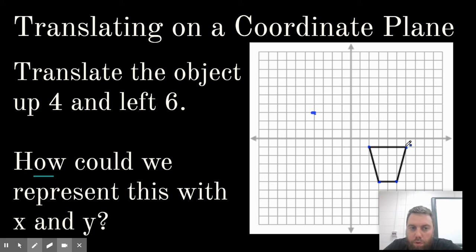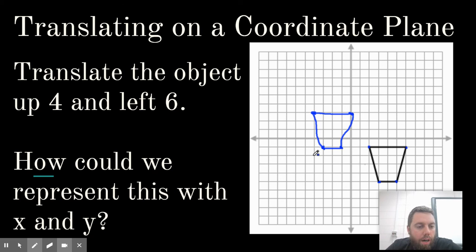I'll do the same for each remaining point, up 4 and over 6. Now that we've translated each point, we can connect the dots. Hopefully you draw a little better than I did.